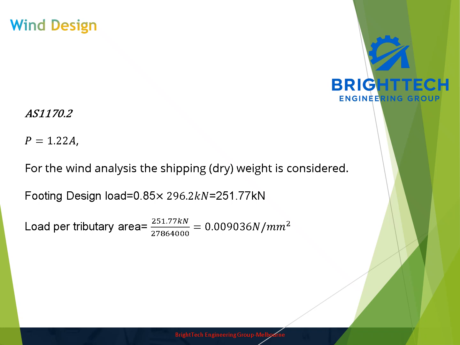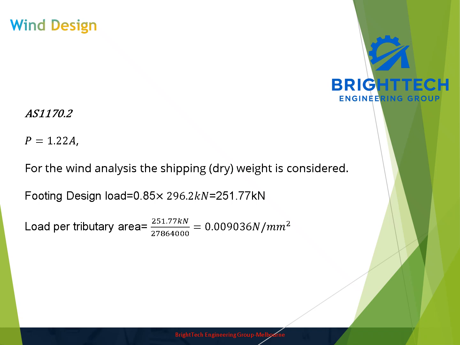We already learned that the seismic forces or earthquake forces depend on the weight of the structure, so the higher the weight, the higher the base shear is. So in order to be on the safe side, we consider the operational weight for the seismic design.